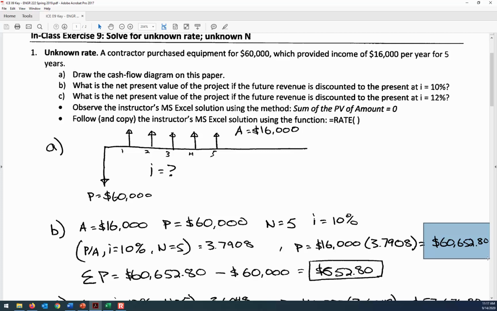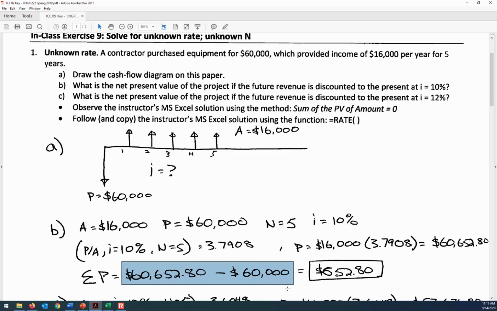But the question says, what's the net present value? So what that means is combine the cost of buying the equipment and the value of the revenue. So we're combining the inflow and the outflows both, and then the net means that we're going to have $652.80 of additional profit.